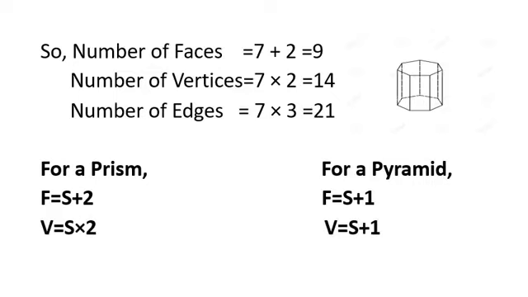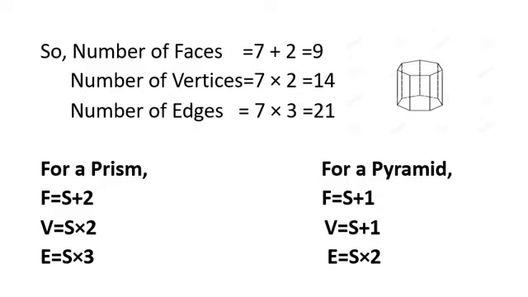Then V is equal to s into 2, so the number of vertices will be 7 into 2, that is 14, and for a pyramid V is equal to s plus 1. For the number of edges, it will be 7 into 3, that is 21, as s is equal to 7, and for a pyramid E is equal to s into 2.